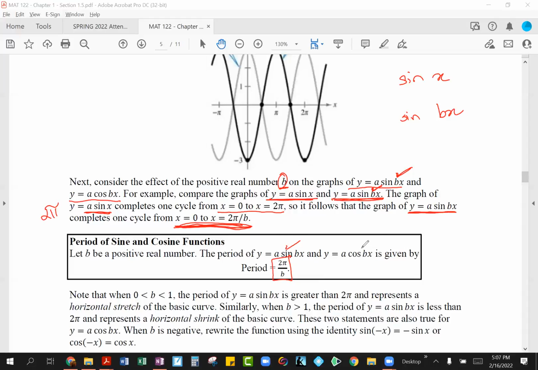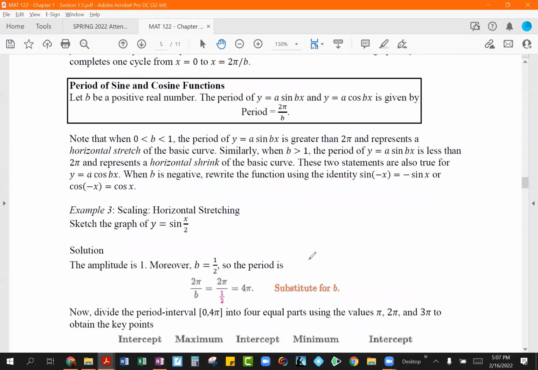This will be true for both sine and cosine functions, because both have a period of 2 pi. So this b factor is going to change the period of your function. That's one of the biggest things that's going to happen, and you will see when we do these examples of finding the amplitude and period that it changes the period of our functions.